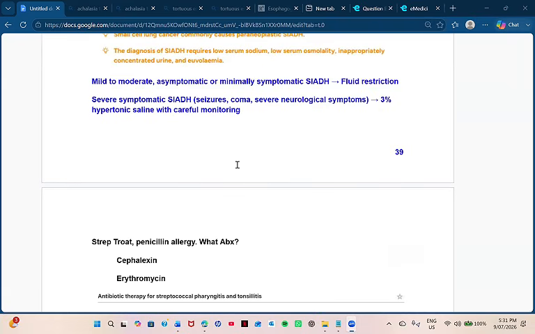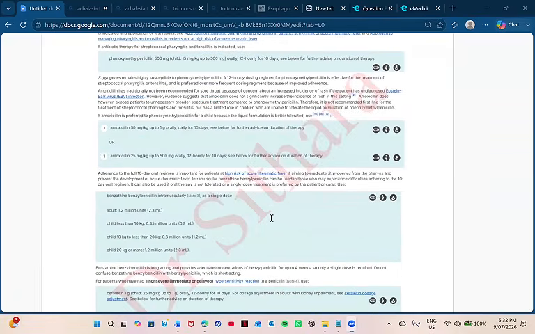What can we use if the patient has a penicillin allergy for strep throat, streptococcus? We went through the RCH chart, right? What option have they given in the guideline?